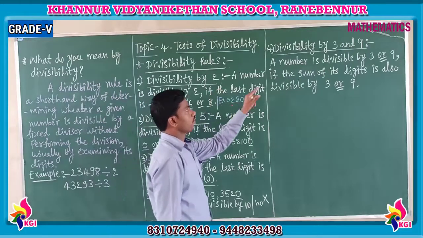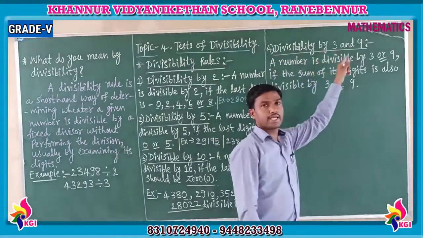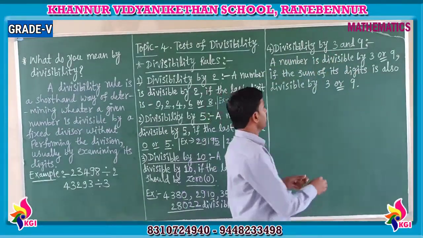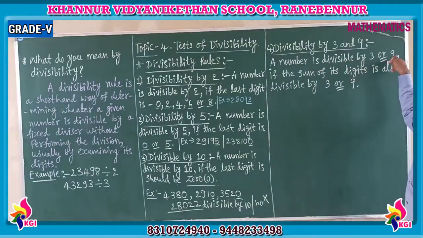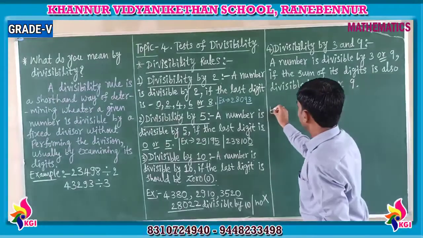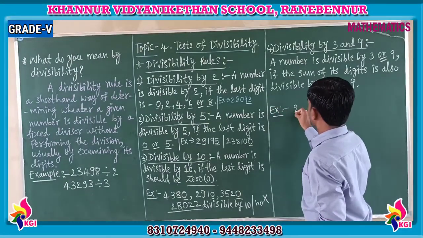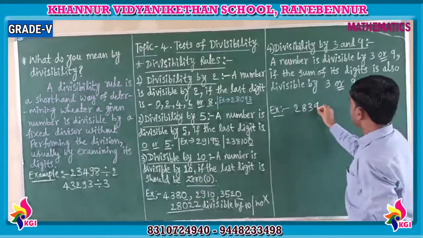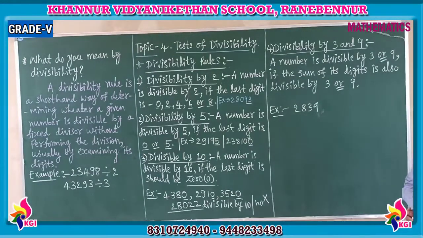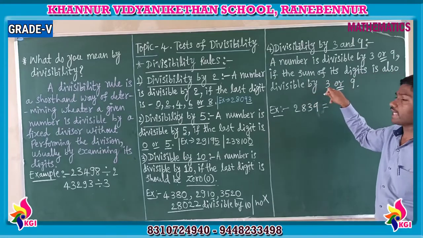Next, the fourth one is divisibility by 3 and 9. A number is divisible by 3 or 9. Take this example, 2,839. It is divisible by 3 if the sum of its digits is also divisible by 3.